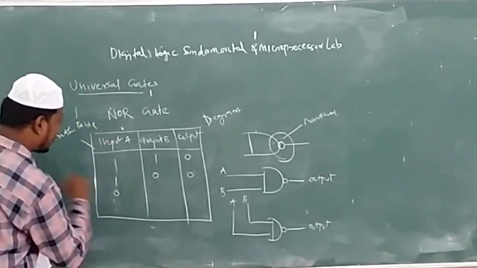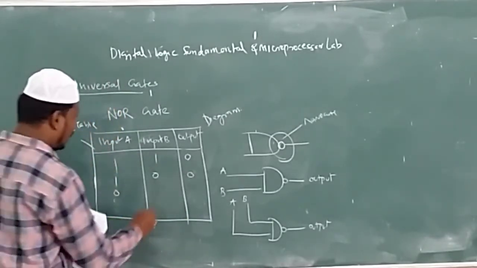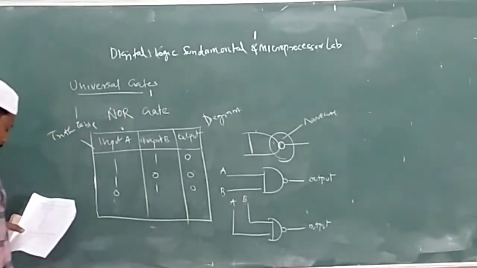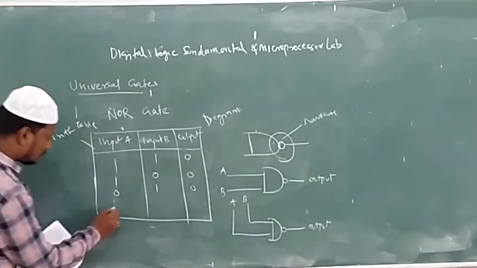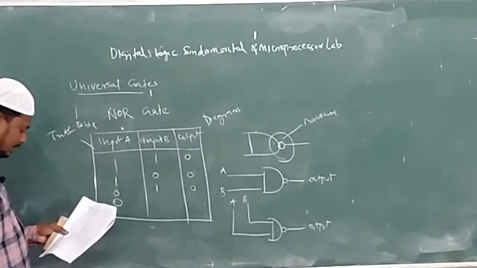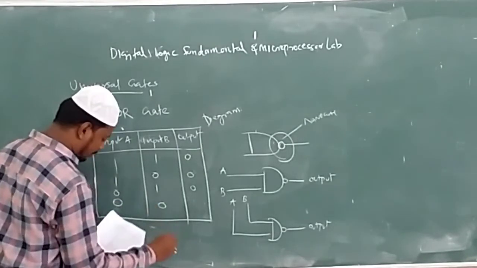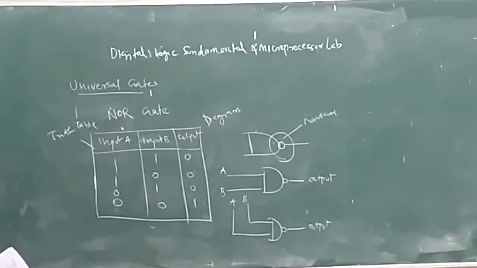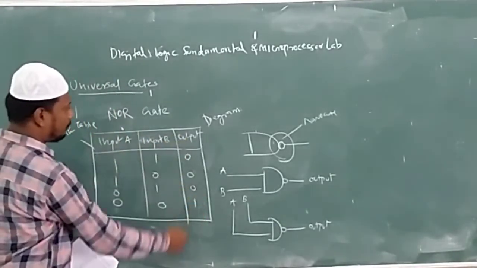Then A is 0 and B is 1, the output will display 0. Last, A and B are both 0, and the output will display 1. So, this is the NOR gate output.